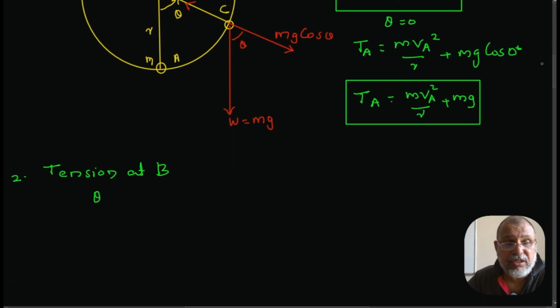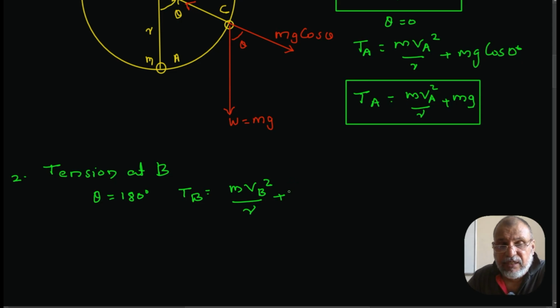So theta will be 180 degrees, and the expression we get is TB equals the centripetal force m vB squared over R plus mg cos 180 degrees.